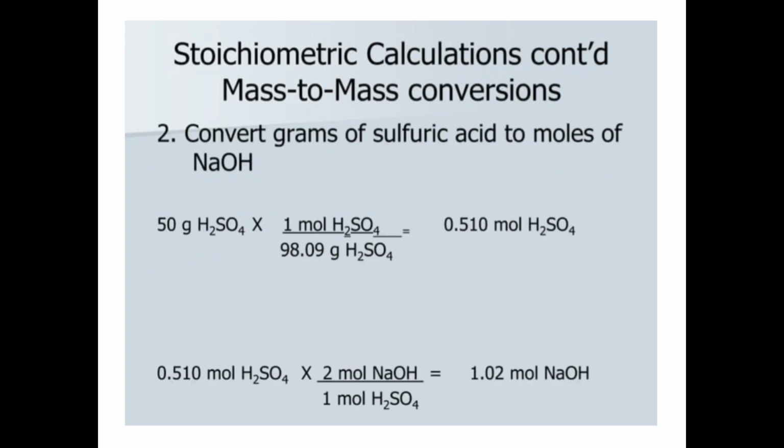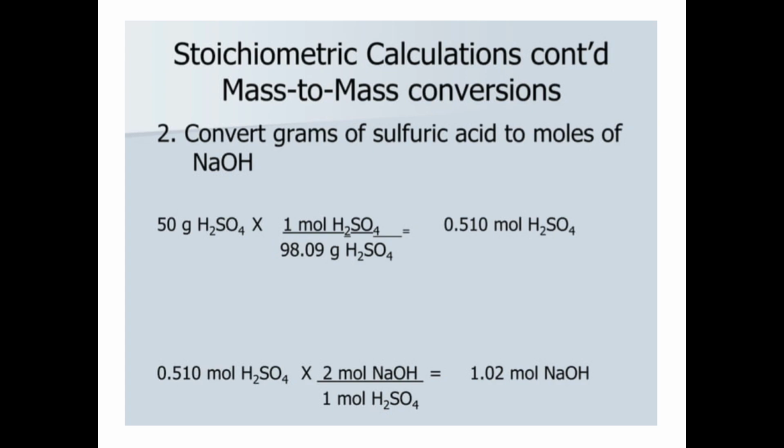The molar mass of H2SO4 is 98.09. So if you divide 50 gram by 98.09, you are going to have 0.510 mole of H2SO4. That's step 2.